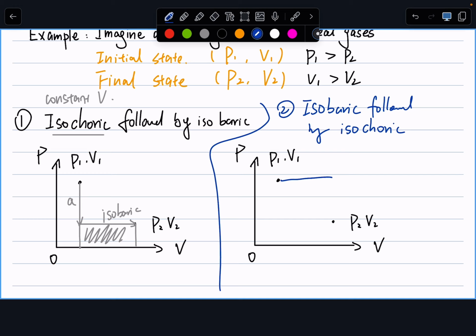We keep P1 in our first step. And then we have our second step, the isochoric process of keeping the volume the same. Now, in the second path, which is isobaric followed by isochoric, the area below the curve becomes this big. It is a much bigger amount of work if we're doing it as an isobaric process followed by an isochoric process.